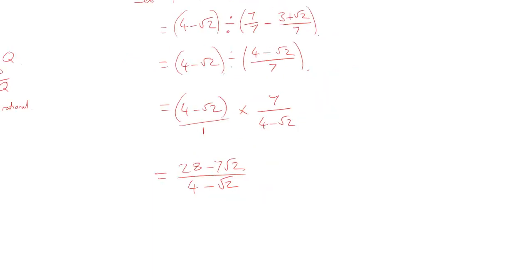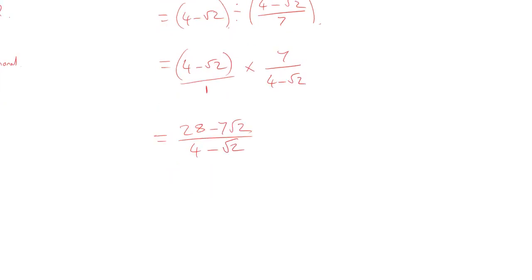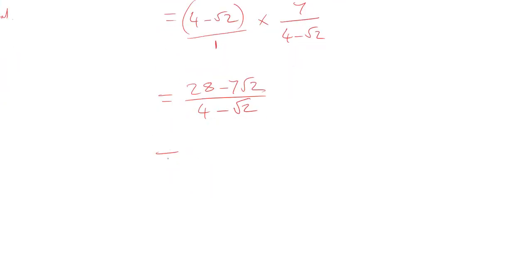Okay, now then, what is this going to be? Well, I can see that on the numerator we could take a factor of 7 out, couldn't we? So that will be 7 bracket 4 minus root 2 all over 4 minus root 2.